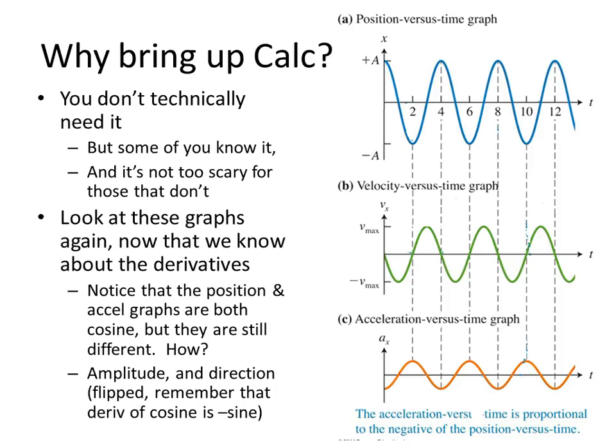We already spoke of it in terms of, hey, when I'm at my largest amplitude, or my largest position, to the right, we'll say it's positive, that's when I'm not moving, but that's when my acceleration is going to be the largest, but in the negative direction. And then as I'm moving back, this is the equilibrium point.